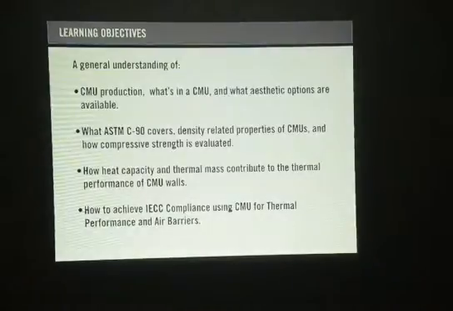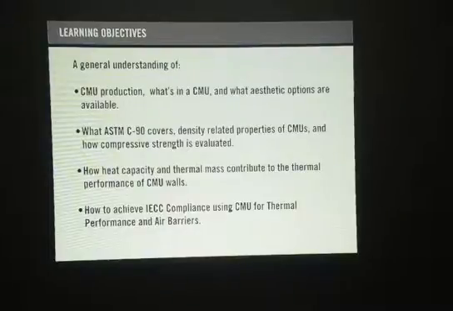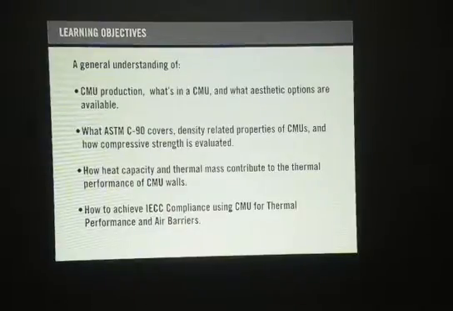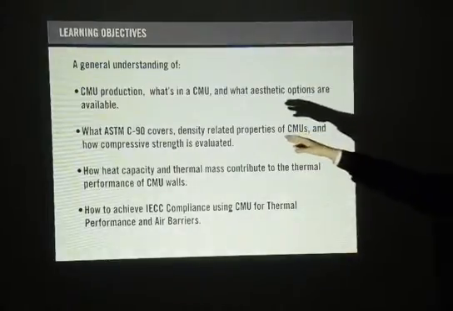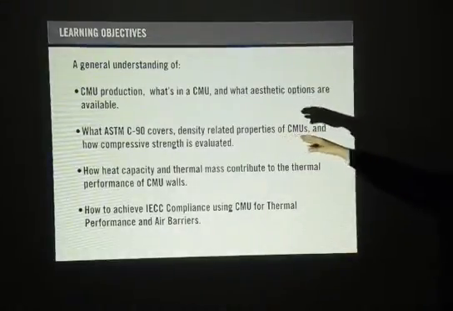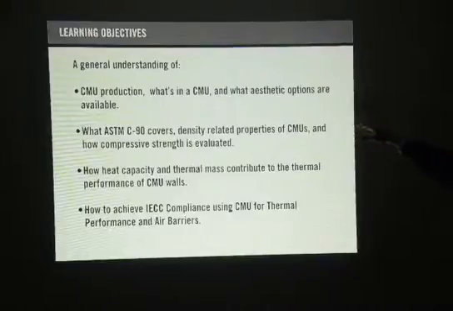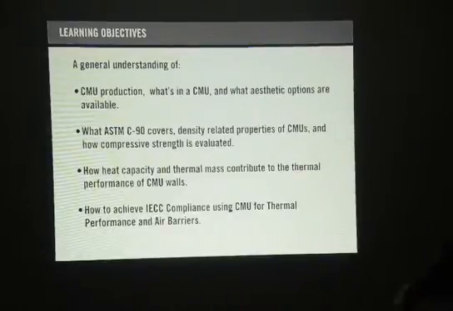Okay, so now we're going to go through the objectives of this program, which those 2 governing bodies recognize. First, we want to have a general understanding of concrete masonry unit production: what is in a CMU and what aesthetic options are available?